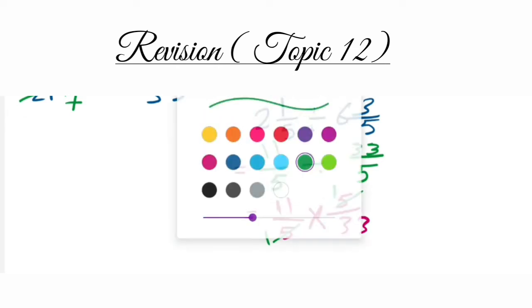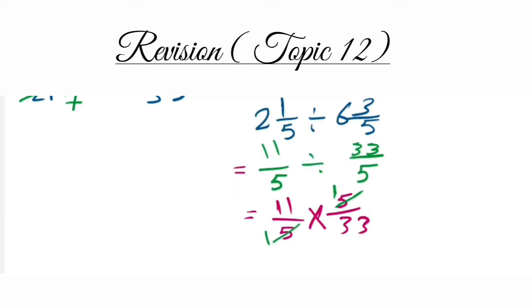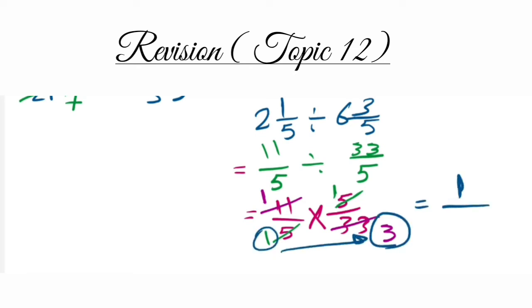Also, we have 11 divided by 11 is 1, and 33 divided by 11 is 3. Now multiply 1 by 1. You will get 1, and 1 by 3 you will get 3. So the final answer is 1/3.